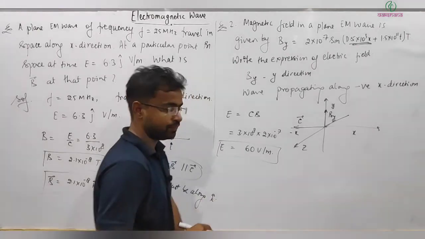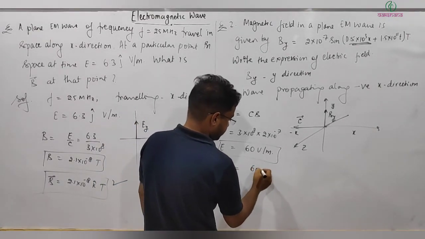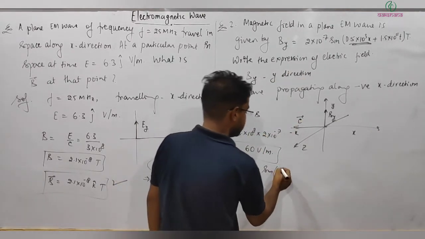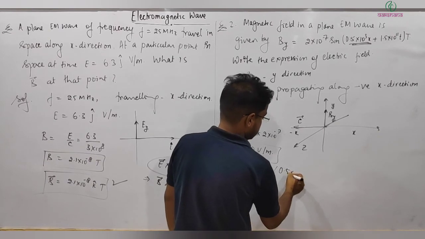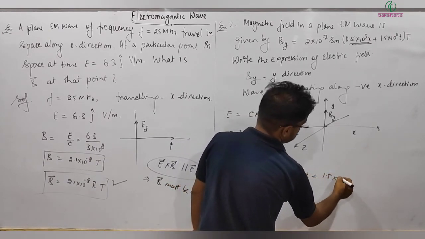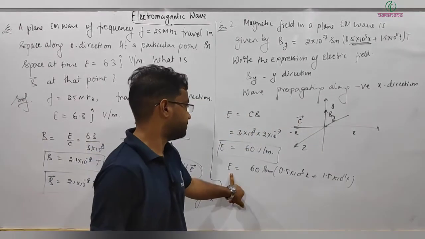Then I will write E is equal to 60 into sine of the rest; remaining things will remain exactly the same: kx is 10 raised to power 3 x plus omega t, that is 1.5 into 10 raised to power 11 t. Now the next point is which direction it will be along.